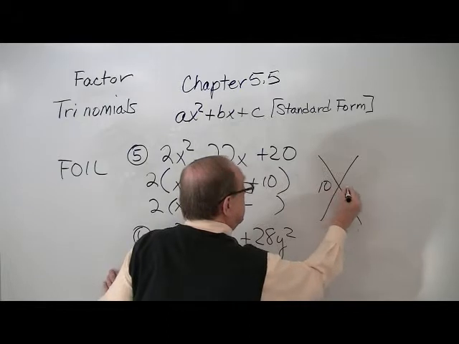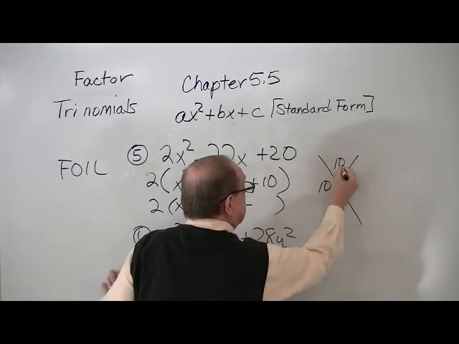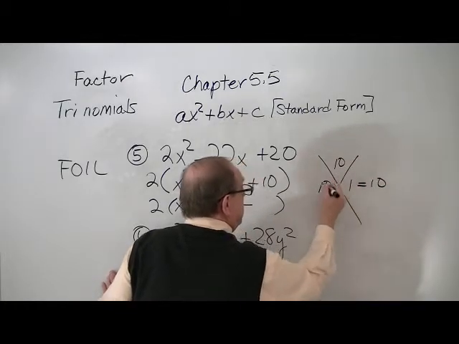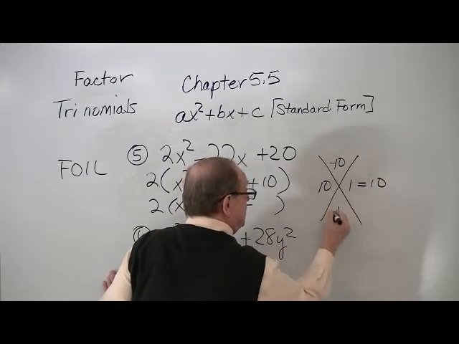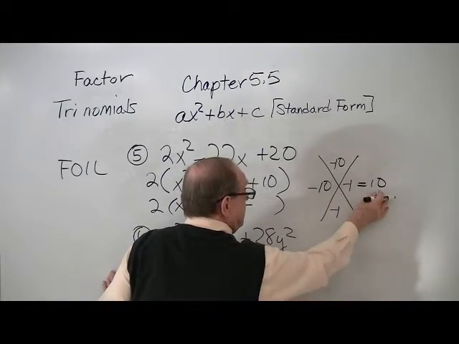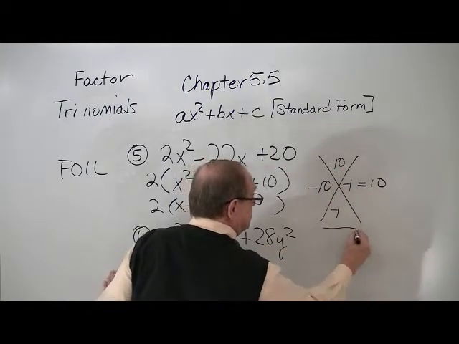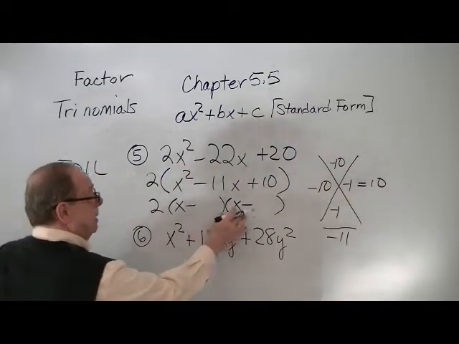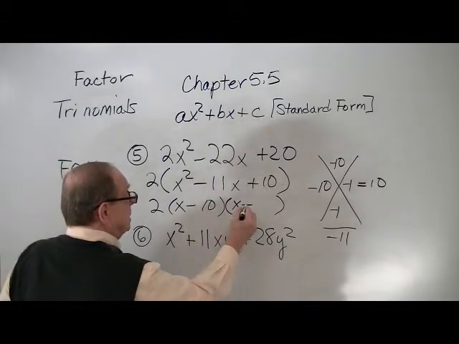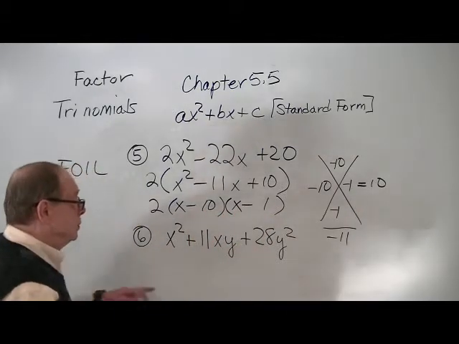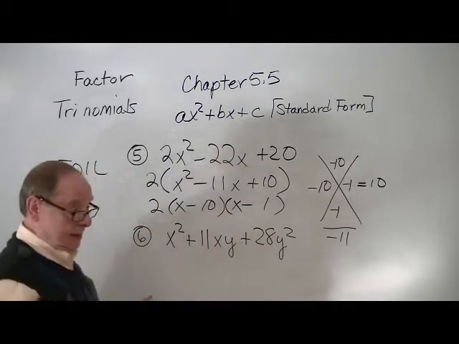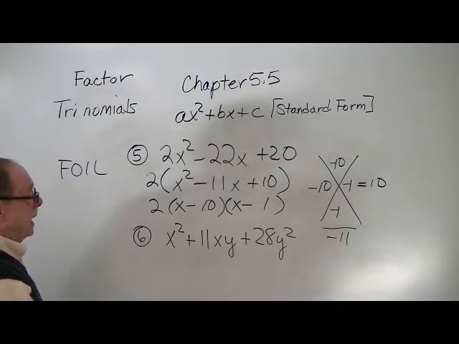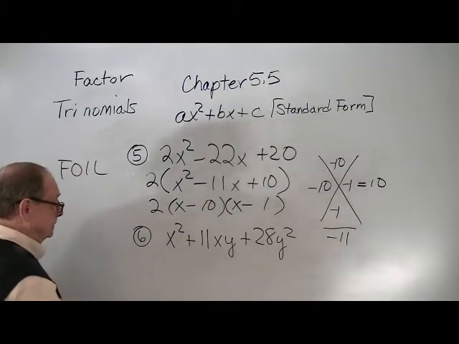That's going to be 10 times 1. 10 times 1 equals 10, and I needed both to be negative to get a positive 10, and now this adds up to a negative 11. And that's what we have. So negative 10, negative 1. Could we have reversed these? Yes. It's okay that way as well. And you FOIL to check and it does.